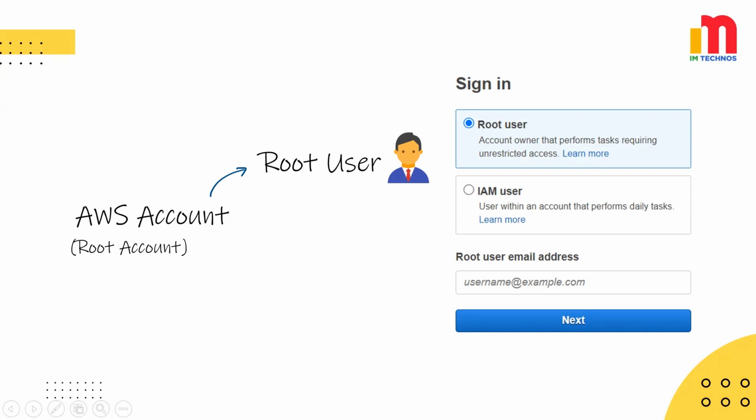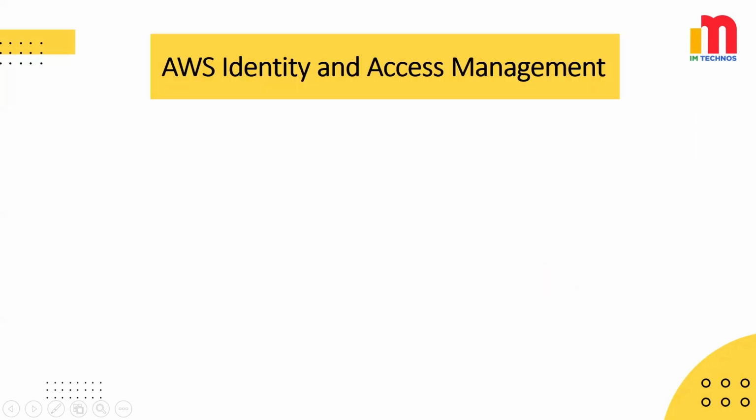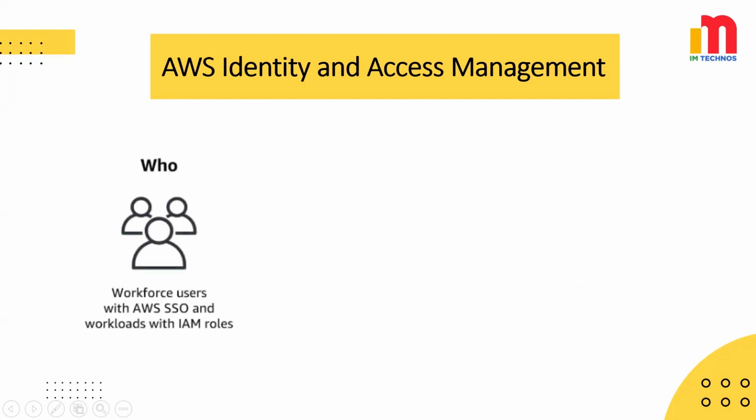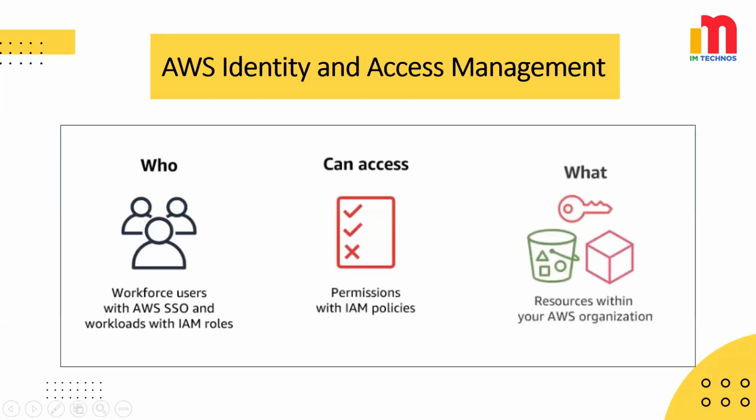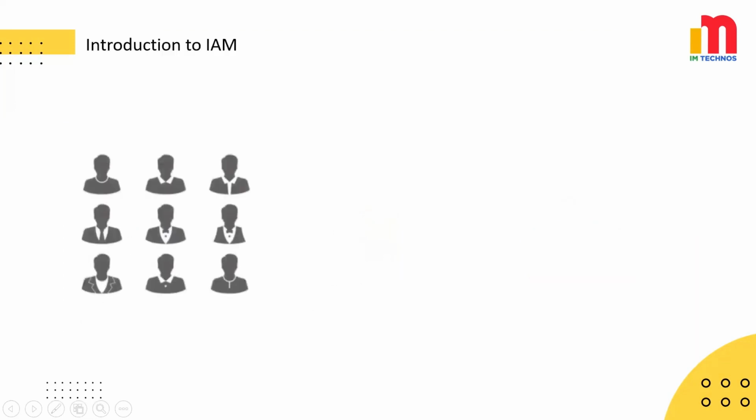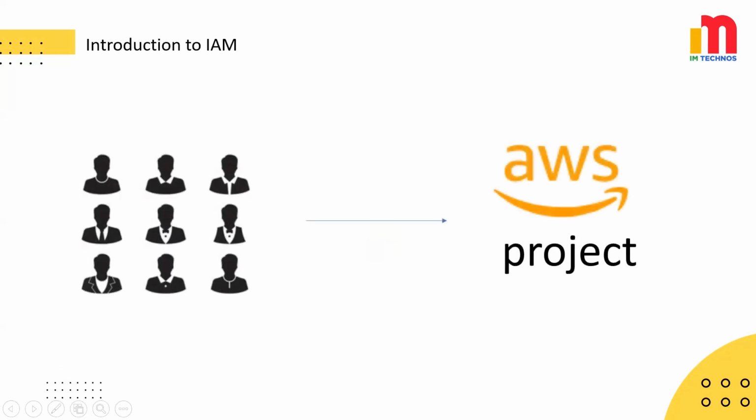However, when it comes to managing access to an AWS account, AWS IAM plays a crucial role. Through IAM, we gain the ability to carefully govern the authentication and authorization of individuals seeking to utilize AWS services. For instance, consider a scenario where a team of professionals collaborates on an AWS project that relies on distinct AWS services.